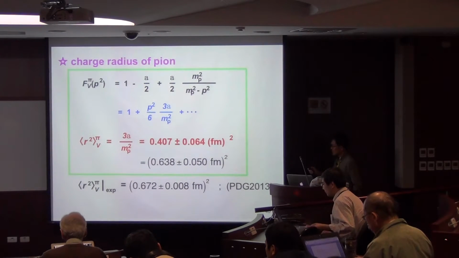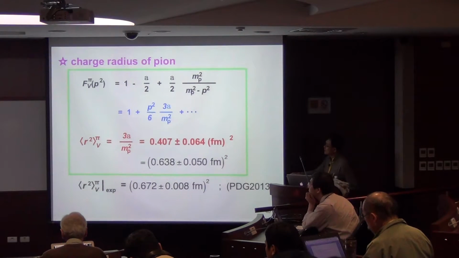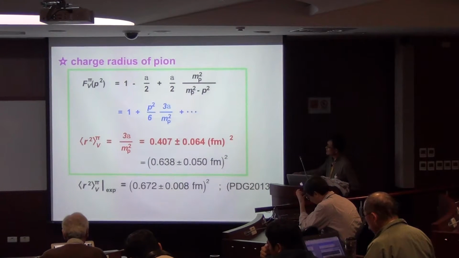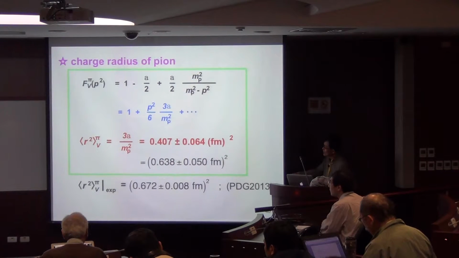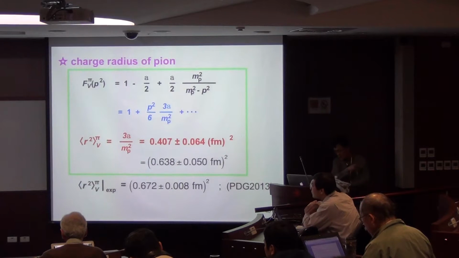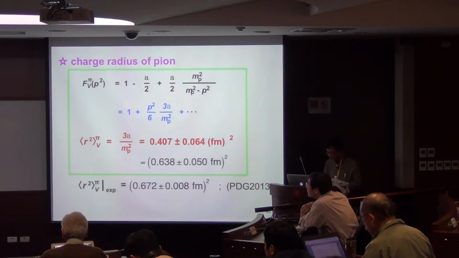This is calculated using the a parameter and m squared, in this way, and this is the predicted value, with 15% error here and a 50% error. This value should be compared with the experimental value, and this is consistent. This is actually a prediction.